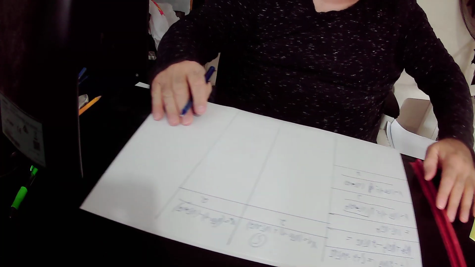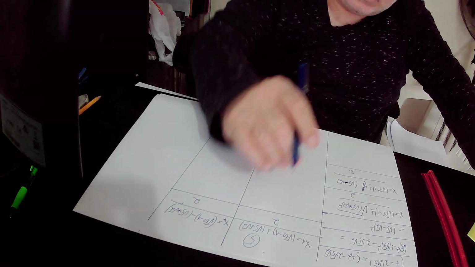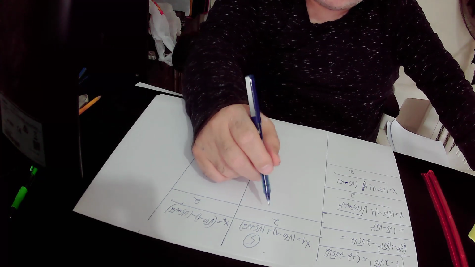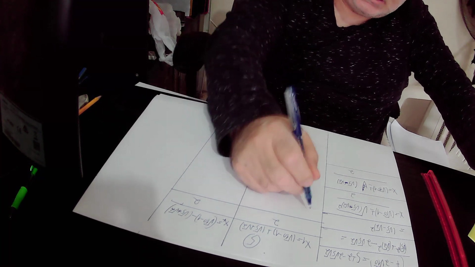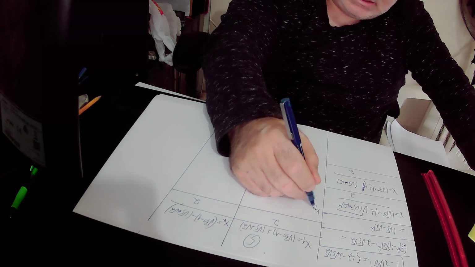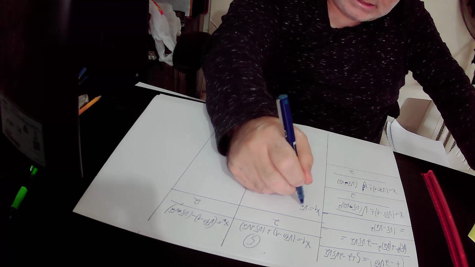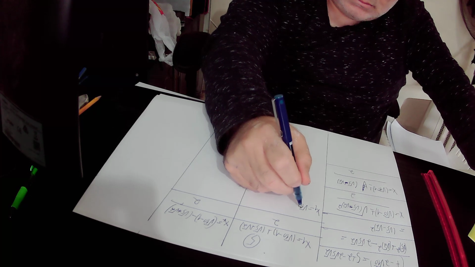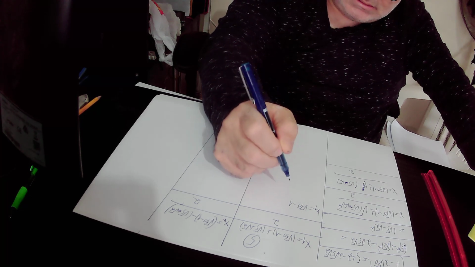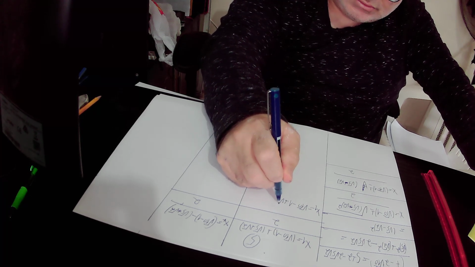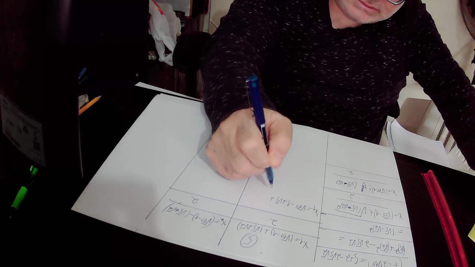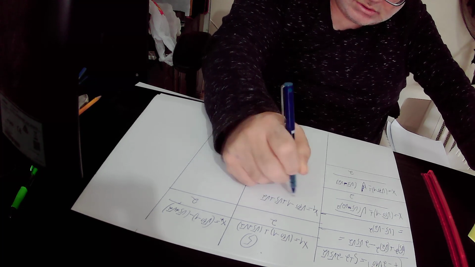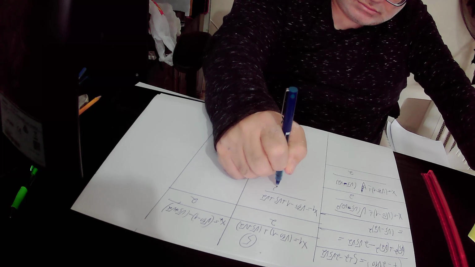We'll start with x1. We will simplify the expression for x1, and we get that x1 equals square root of 10 minus 1 plus square root of 5 minus square root of 2, over 2.